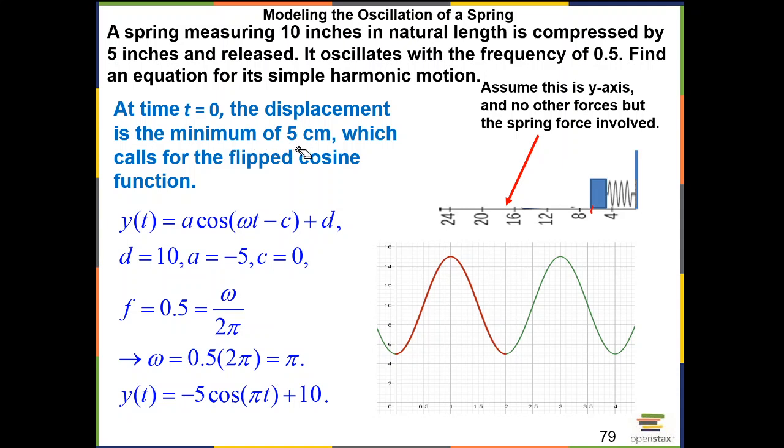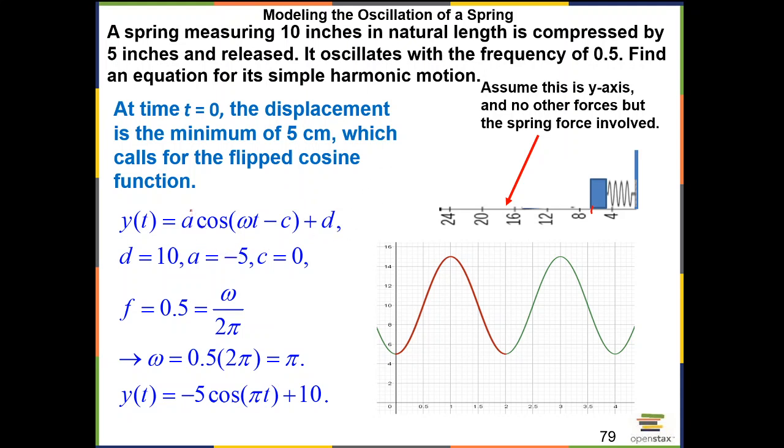It's 5 units displacement as the minimum because we compressed it. So we're looking for a structure that starts from a minimum. So it has to be a cosine. And also, cosine starts from the max or from the min, right? And we want a flipped cosine. So that's what we need.